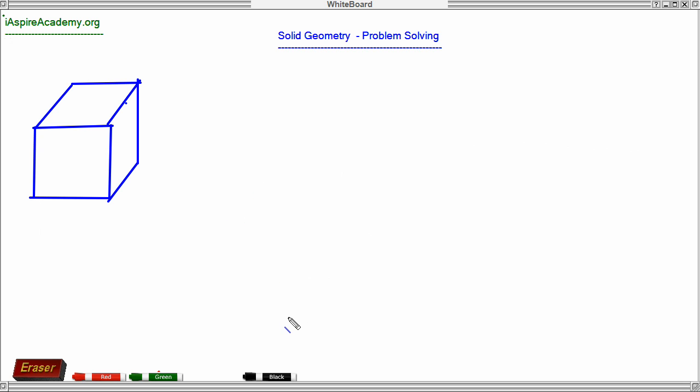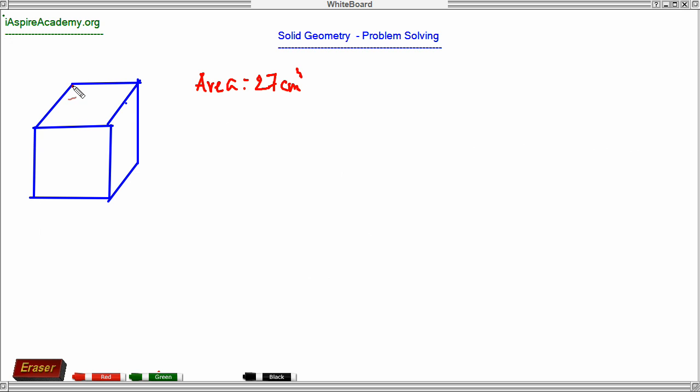So one such problem could be, let's say if you assume this is a cube, and you're given the area of the cube. So let's say the area of the cube is 27 centimeter cube, and you have to find out what is the diagonal.